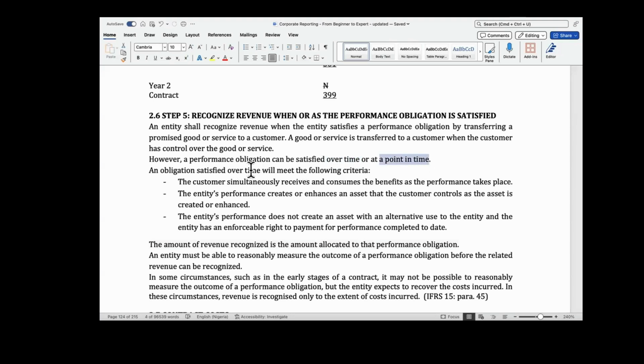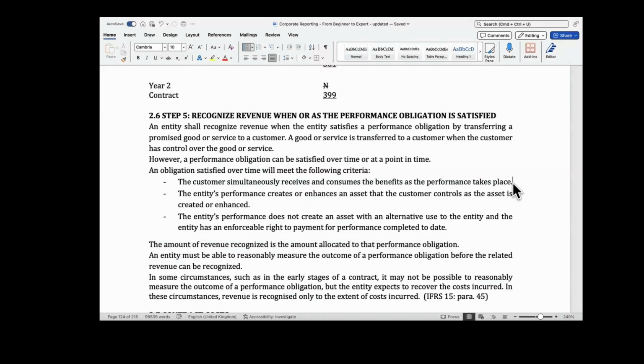So when we say over time, that means as the customer is receiving the goods is exactly the same time as you are also performing. So you perform, he enjoys the benefit. You perform, he enjoys the benefit.